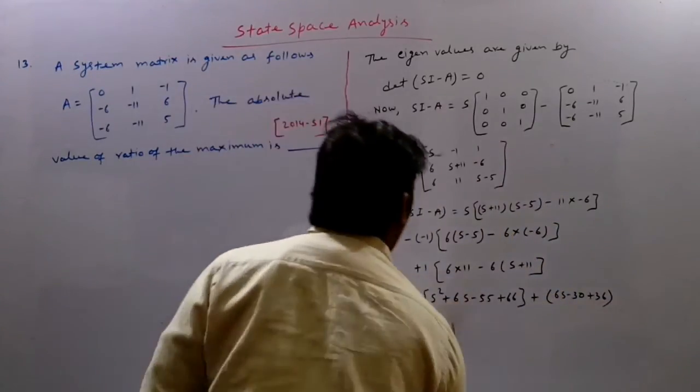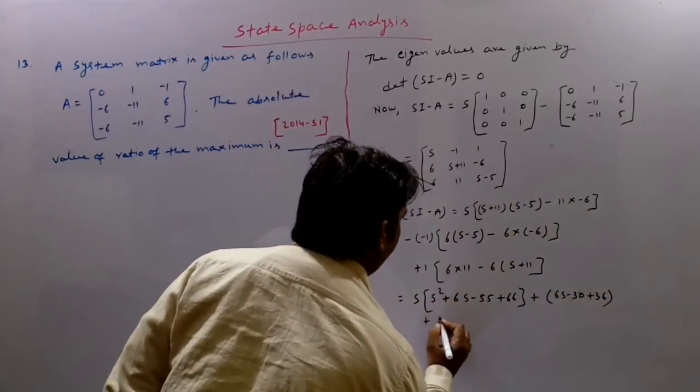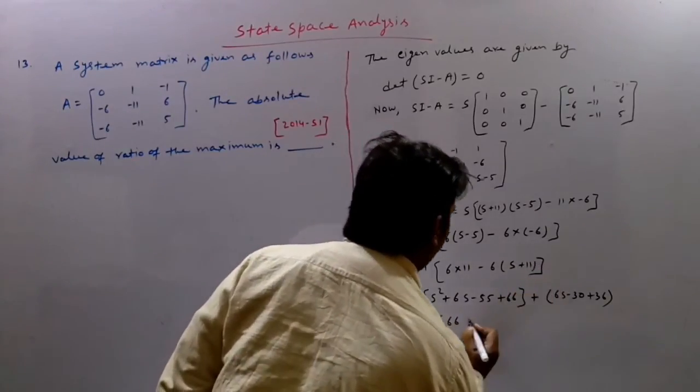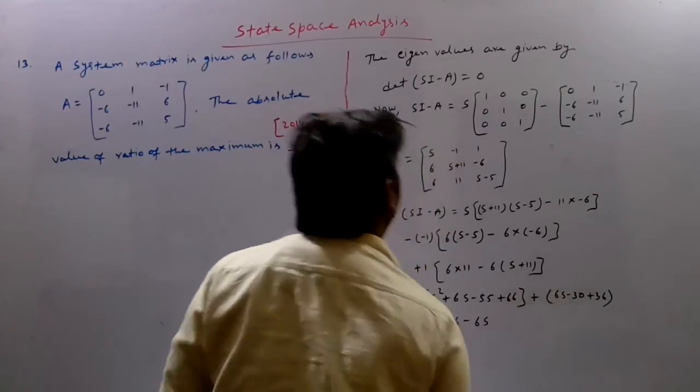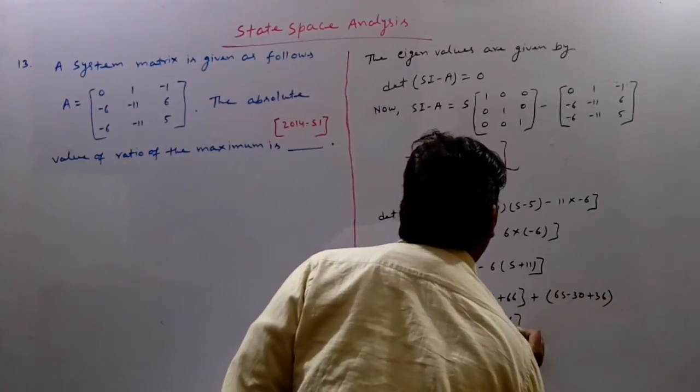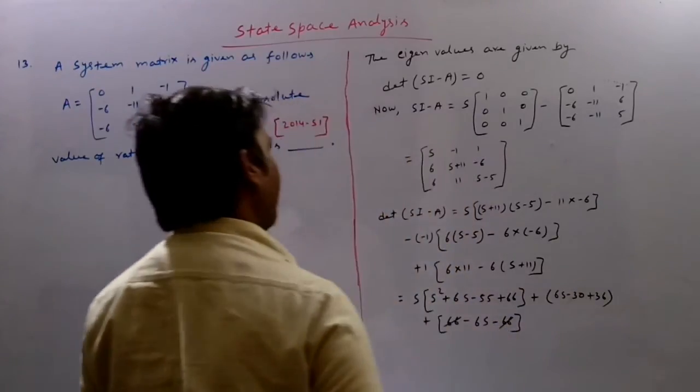Now here, how much we will get? Plus 66 minus 6s minus 6s minus 66. So 66 will cancel out each other.